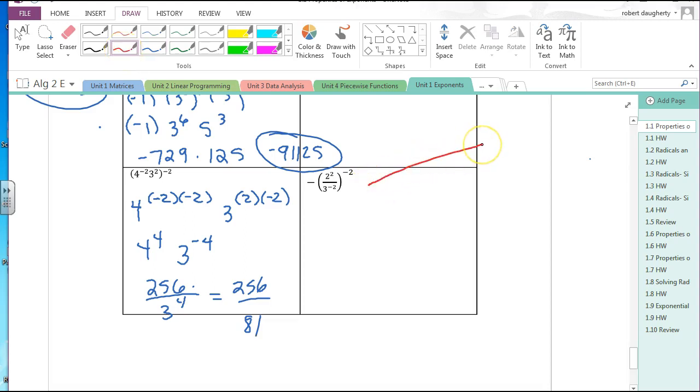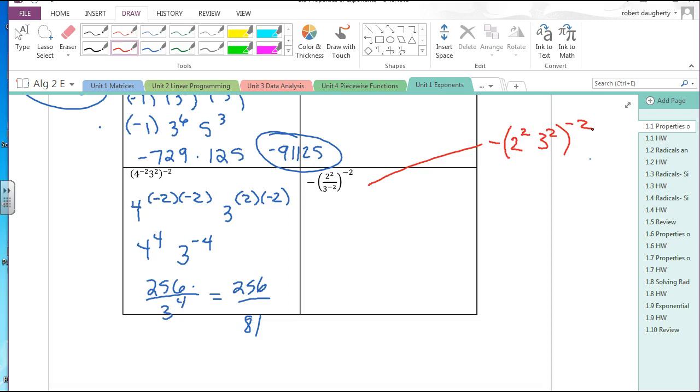So let's work this 2 ways, okay? First way, let's deal with what's inside the fraction. So this is going to be a negative. I'm going to have a 2 squared and 3 squared, all of that to the negative 2, okay? You see how I got there? This 3 to the negative 2 that was in the denominator became a 3 squared when it moved to the numerator.